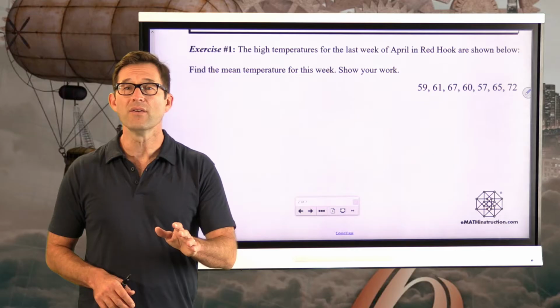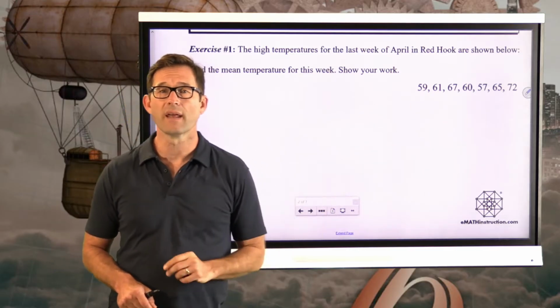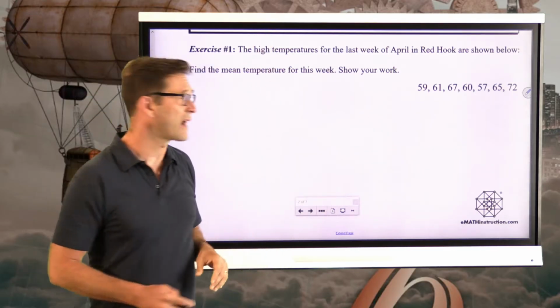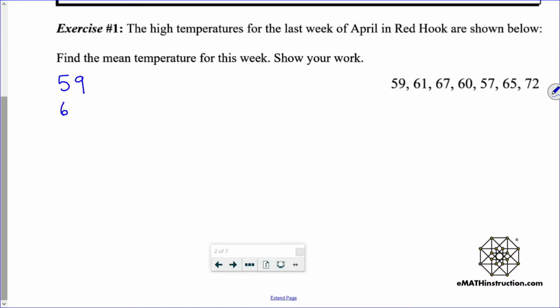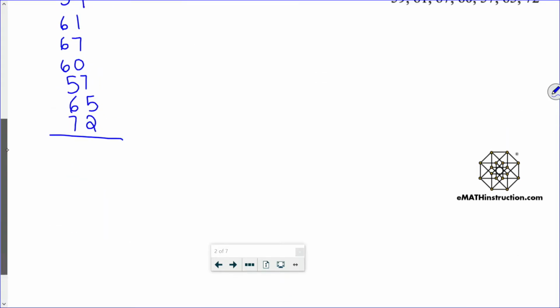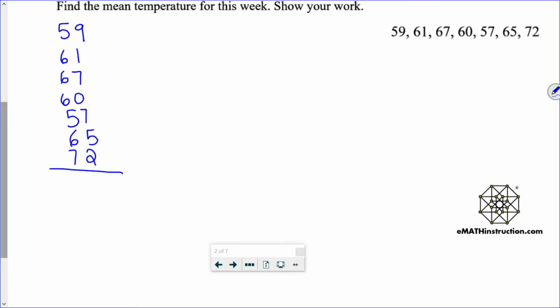All right, when I've got a bunch of numbers like this and I need to add them all together, I like to have them vertically stacked. So let me do that first. I'm going to write down my 59, my 61, 67, 60, 57, 65, and 72. Maybe give myself a little bit of extra space here. All right, so here we go. 9 plus 1 is 10, plus 7 is 17, plus another 7 is 24, plus 5 is 29, plus 2 is 31.